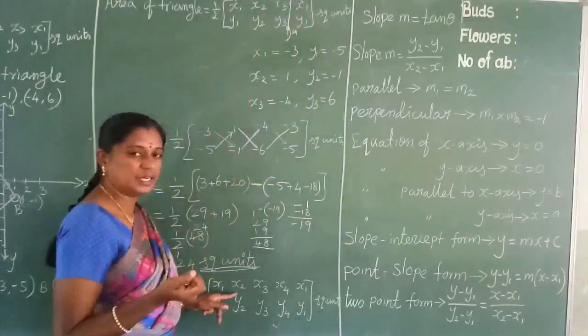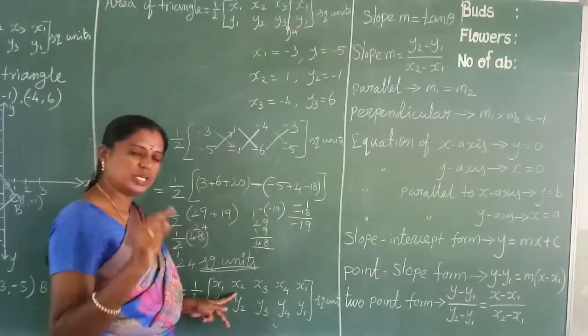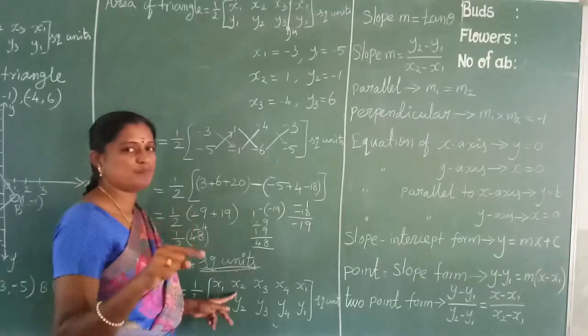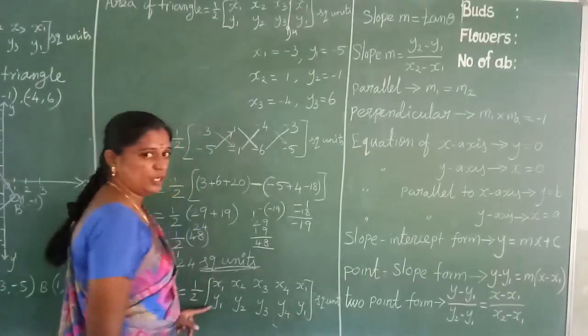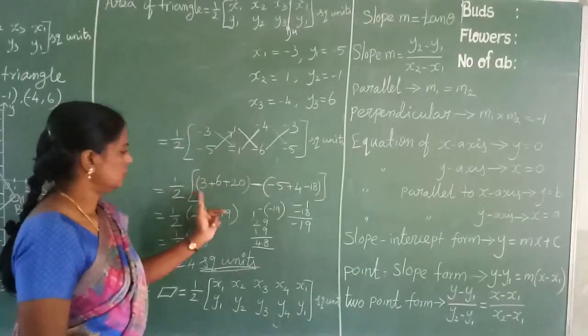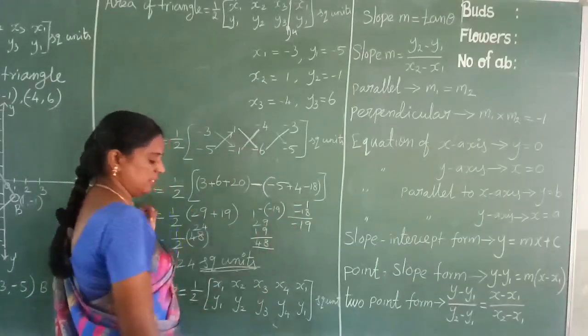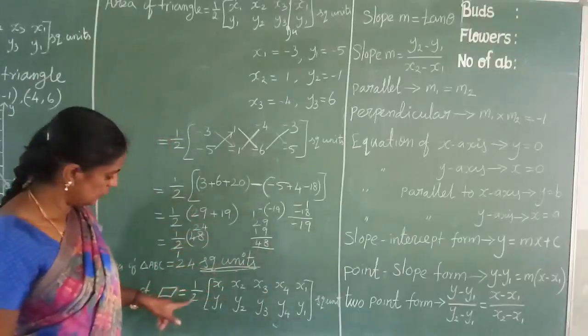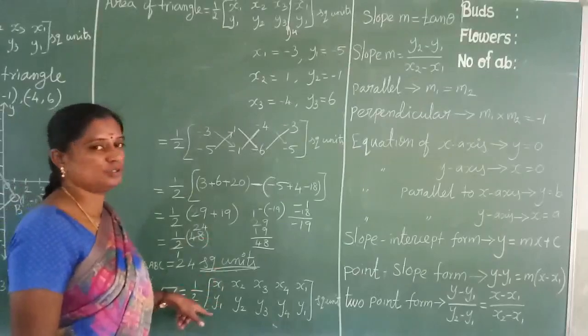In a quadrilateral, with 4 points, you write x1, x2, x3, x4, again x1, and below y1, y2, y3, y4 and y1. The same method: up to down plus and down to up you take minus, and then simplify. The same method for the quadrilateral also. So very important, these are the 5 mark questions.